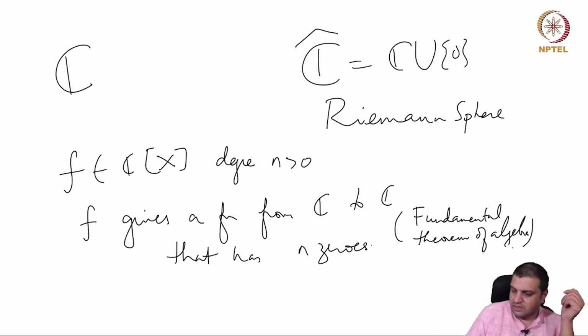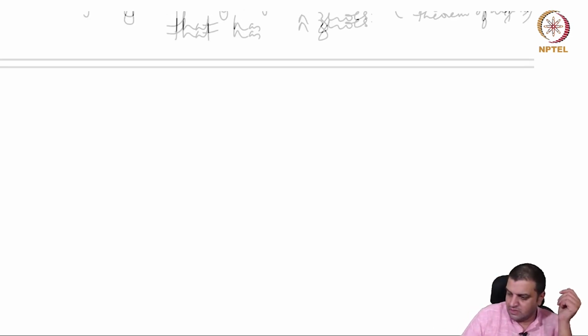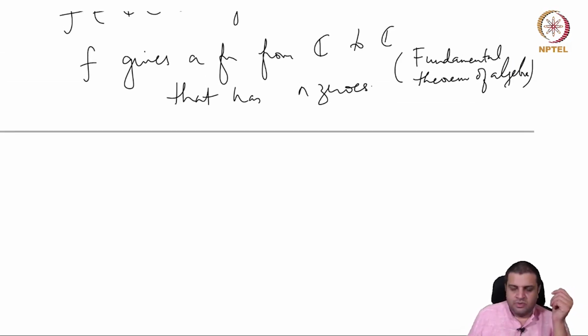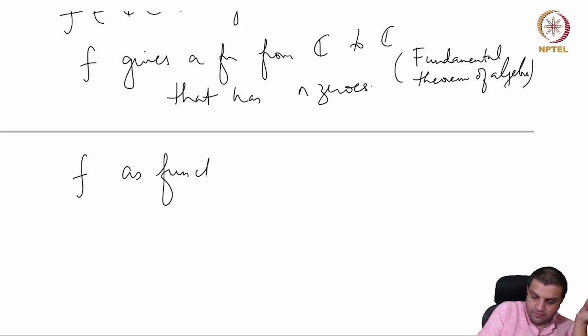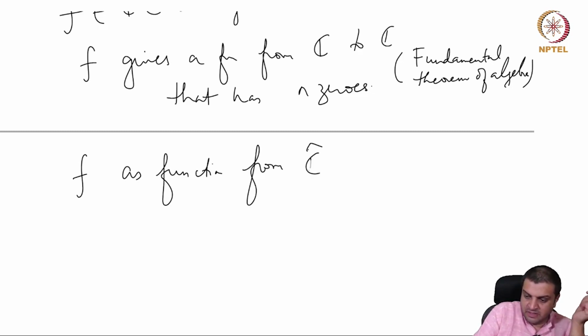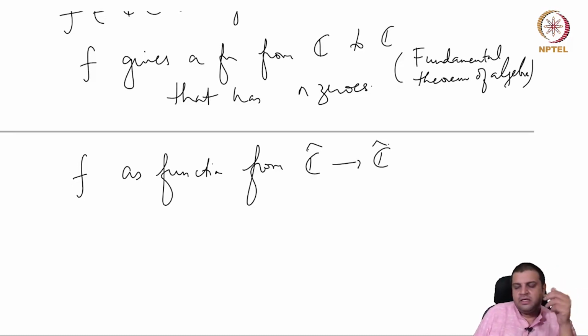But if you think of f as a function from the Riemann sphere to itself, then it has the same number of zeros and the same number of poles.